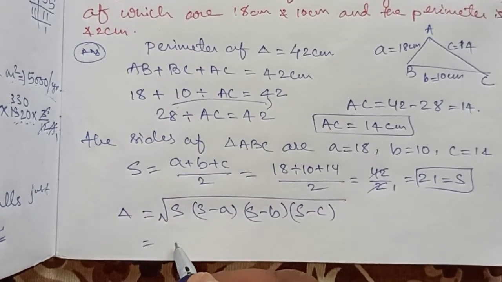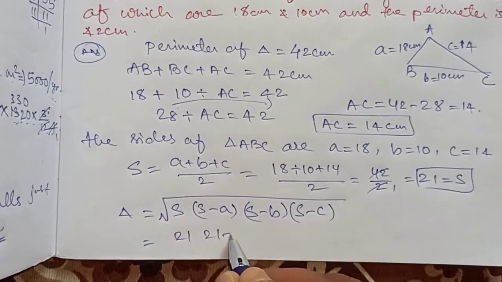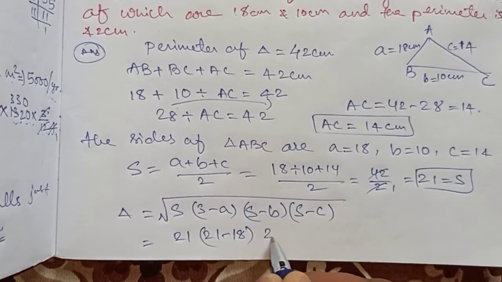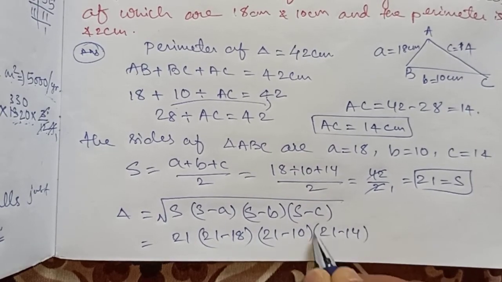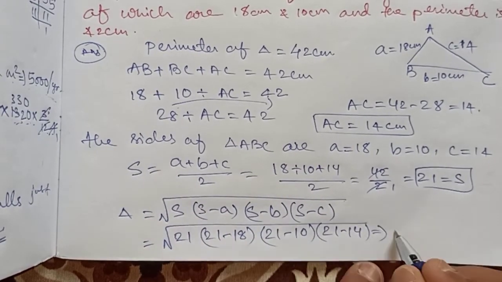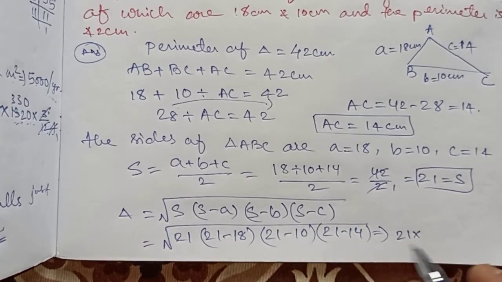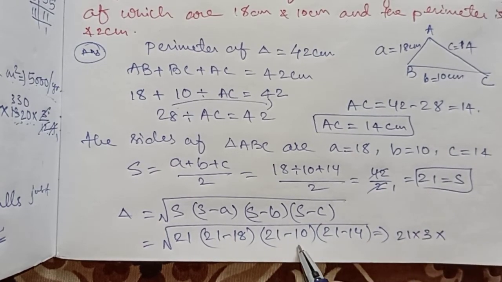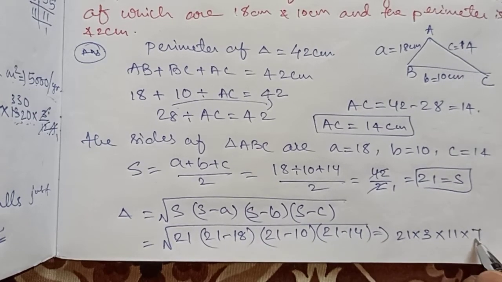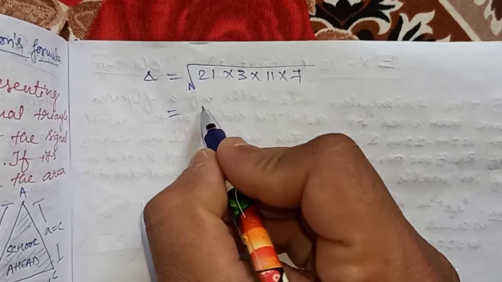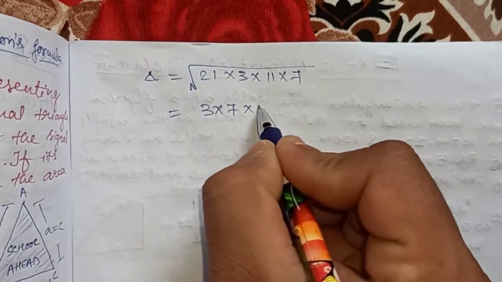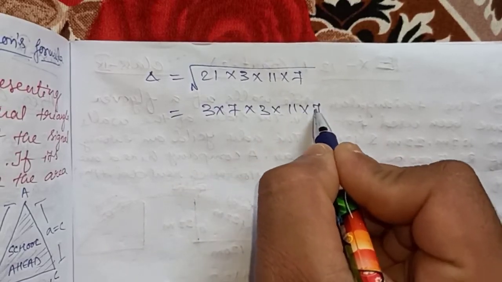S is 21, so 21 into 21 minus 18, 21 minus 10 and 21 minus 14 we will get. 21 minus 18 is 3, 21 minus 10 is 11 and 21 minus 14 is 7. So these are the values we got. Now we will write the factors of these numbers. 21 is 3 into 7, we can write, into 3 into 11 into 7.